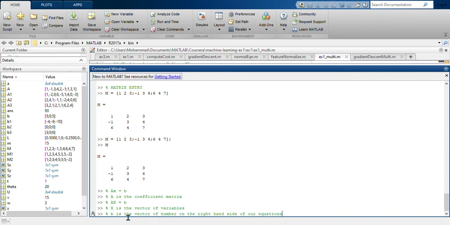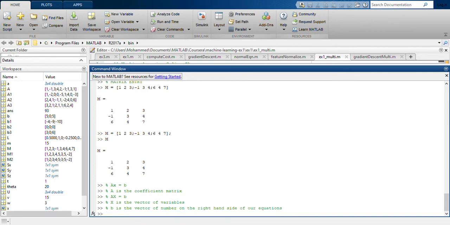Now we want to enter the A matrix, enter the B vector, and then find the solution for the vector x, containing the variables small x, small y, and small z.